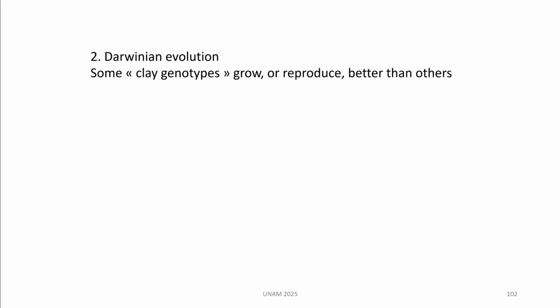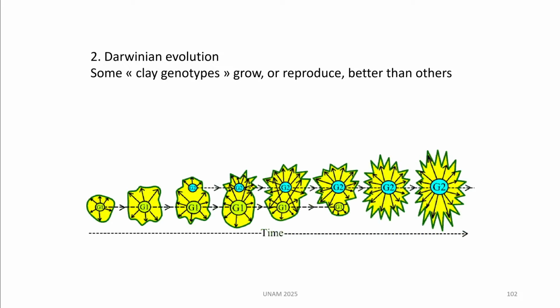Okay, some of these clay sequences will grow in hydrothermal environments, but some of these sequences could grow faster than others. This is taken from an internet site, and let's suppose that originally you have this particular sequence that gives rise to a clay, that's a clay genotype that gives rise to a phenotype that grows slowly. And at some time there is a mutation.